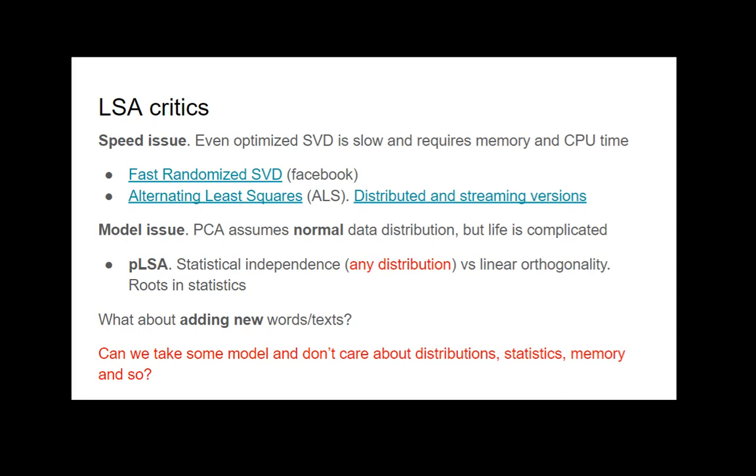Also, there are some other methods of decomposing the matrix, or splitting the matrix into two parts, like alternating least squares. Both of these methods have the ability to be parallelized in a distributed context. So all in all, if you have a lot of data, you have the tools to work with this data in a distributed context, and maybe in some streaming form.